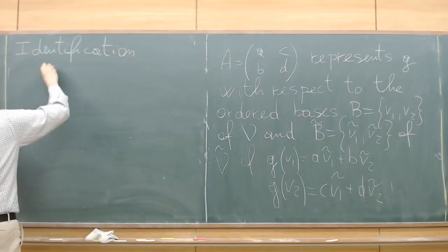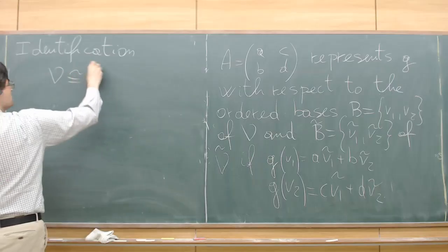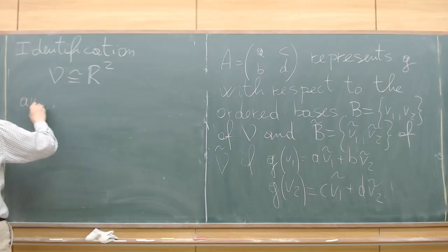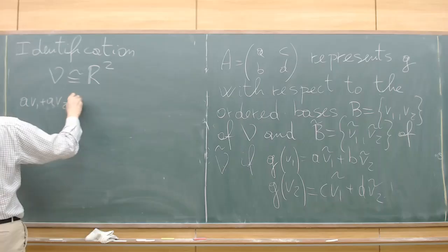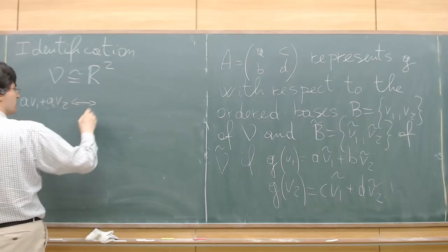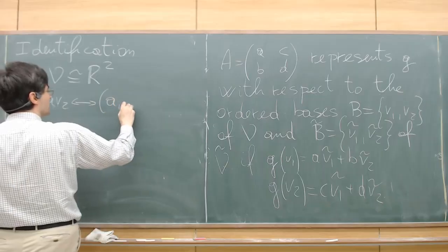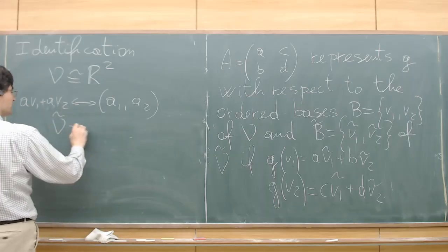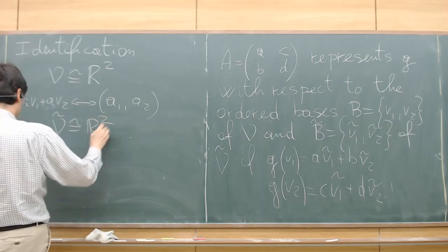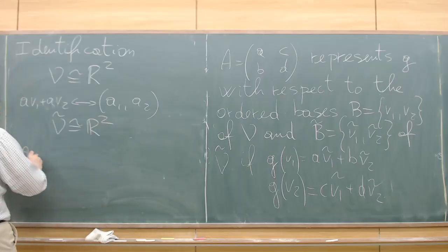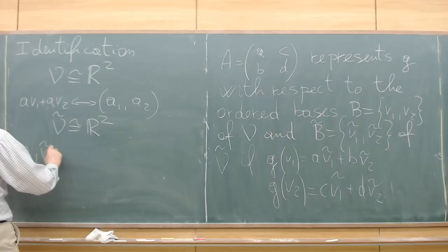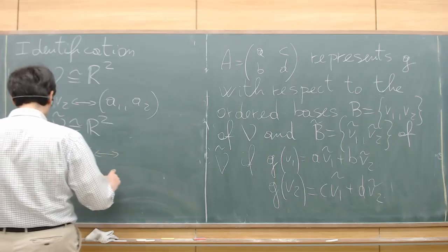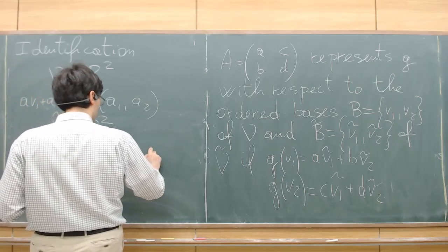We are identifying nu with R2 by saying that a1 v1 plus a2 v2 is identified to (a1, a2), and we are identifying nu tilde with R2, saying that a1 v1 tilde plus a2 v2 tilde is identified with (a1, a2).